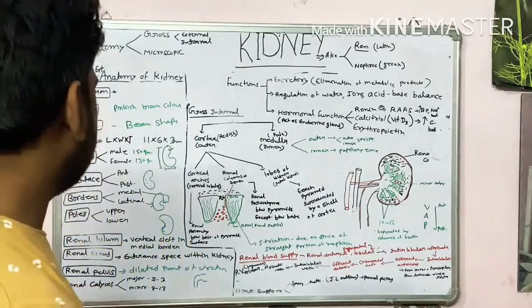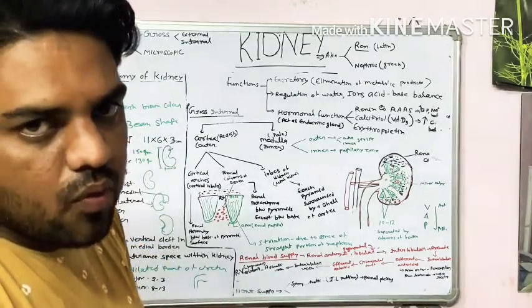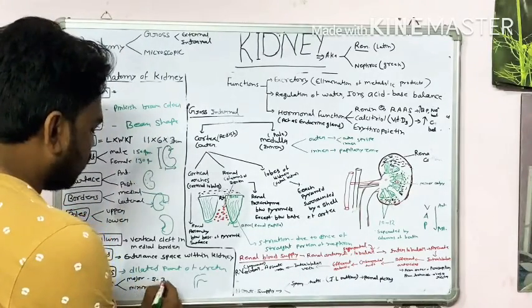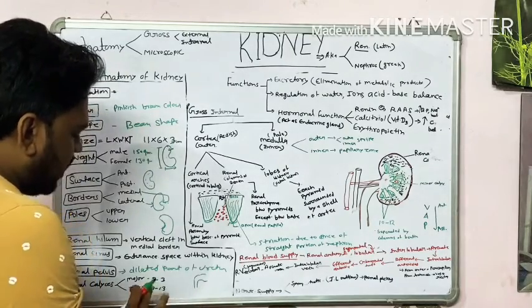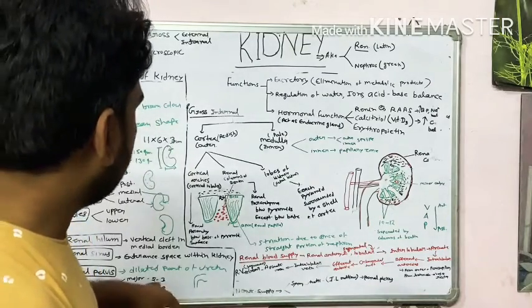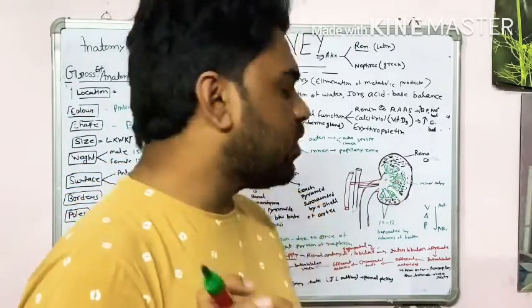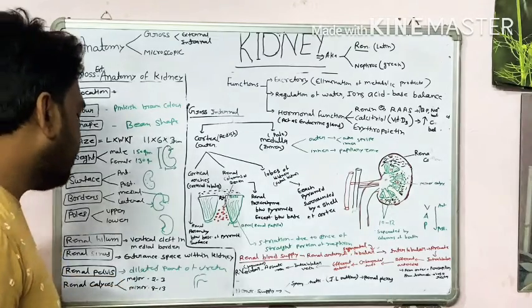And renal calyces: the renal pelvis is divided into major calyx and minor calyx. Major calyces are 2 to 3 in number, and minor calyces are 8 to 13.